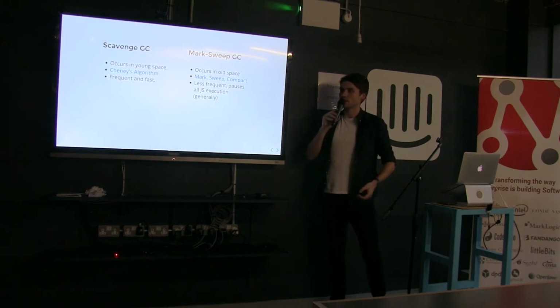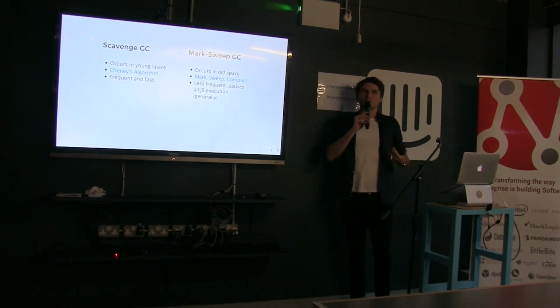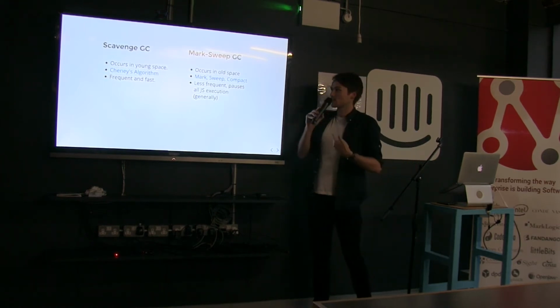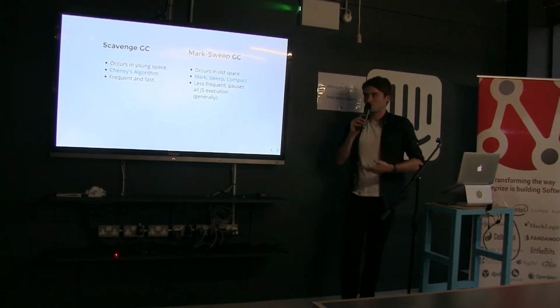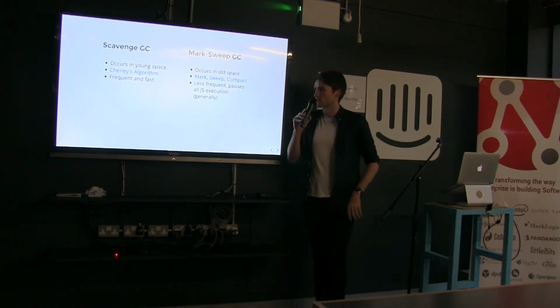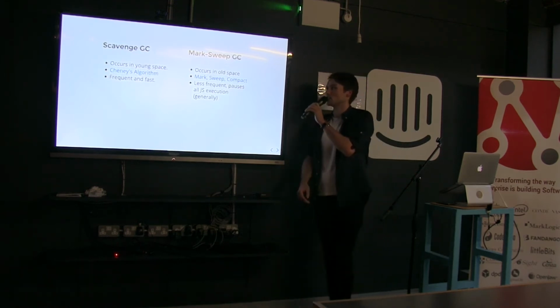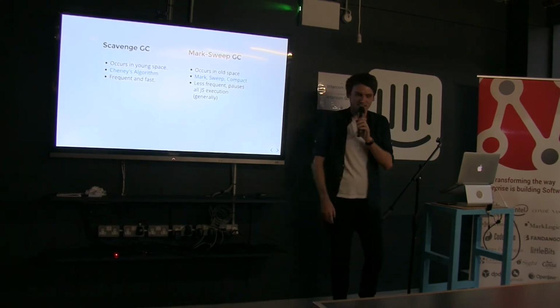So it's very quick, but it's not very thorough. But funnily enough, only 25% of objects in the young space actually end up in the old space. For the most part, they only live in the young space for a very short time. And then moving on, in the old space, we've got a very familiar sounding algorithm here.